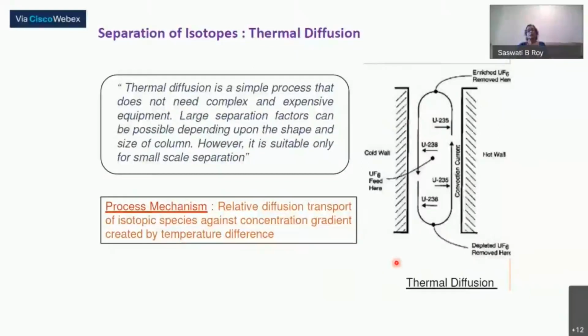So in this case, you can see we have created a column where one side is a cold wall and another side is a hot wall, and considering the relative diffusion transport of isotopic species against the concentration gradient created by this temperature difference, depleted UF6 feed is coming in between of the column, and the column current has been created, providing your thermal gradient.